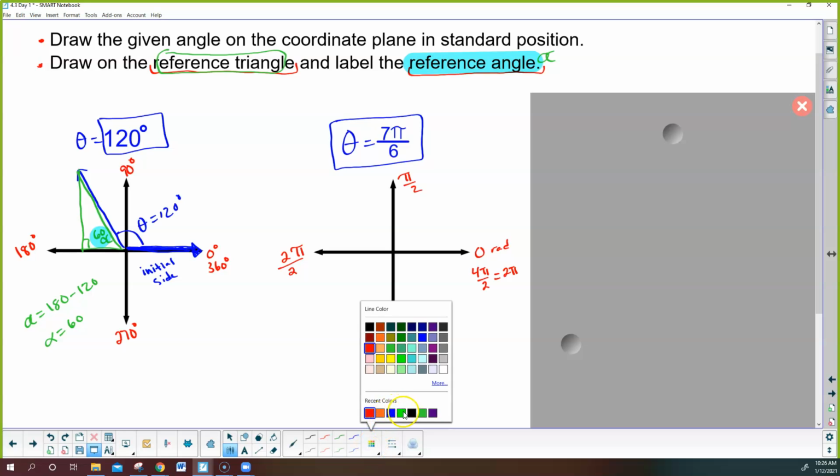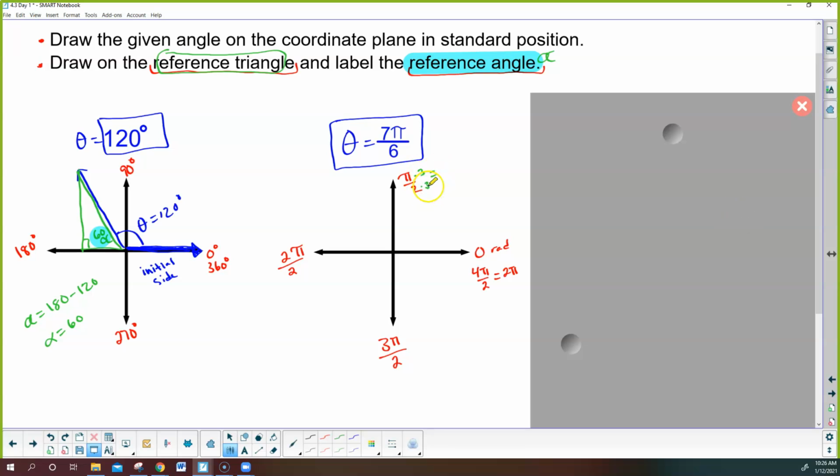Now, here's something that we want to look at, right? I want to graph a pi over 6. Well, what if I convert all of these to have denominators of 6? Well, this would be considered 3 pi over 6, right? And then what if I took this one and times it by 3?